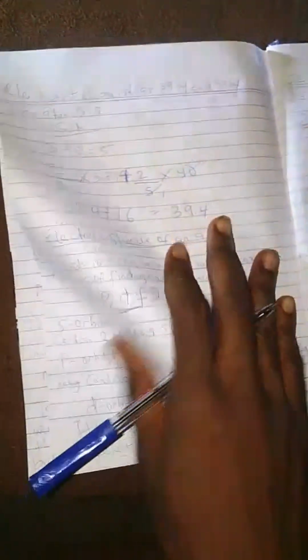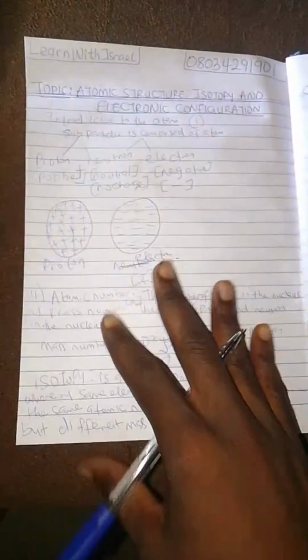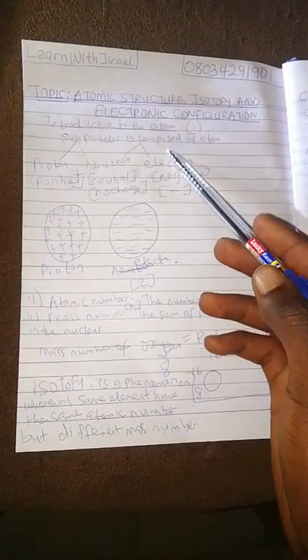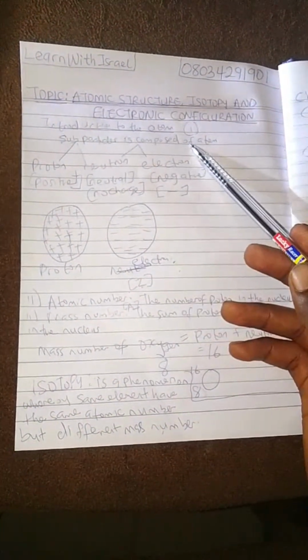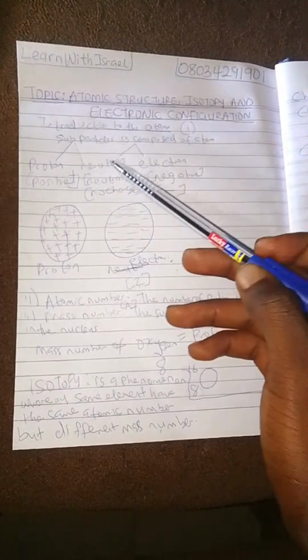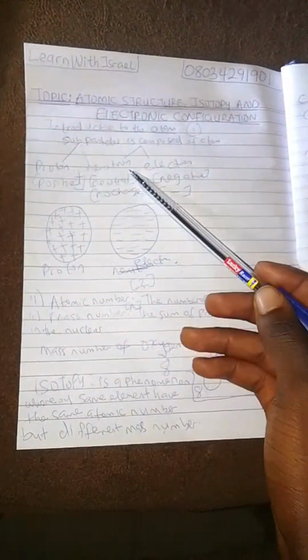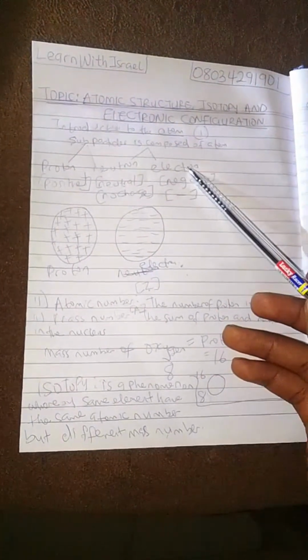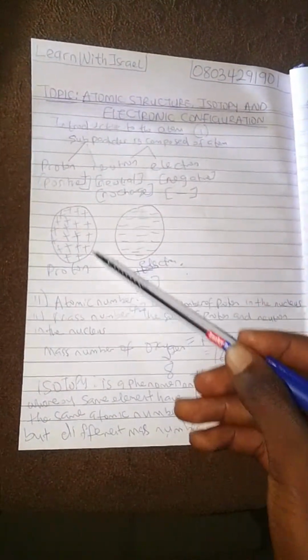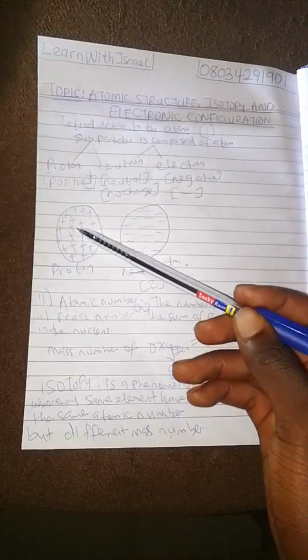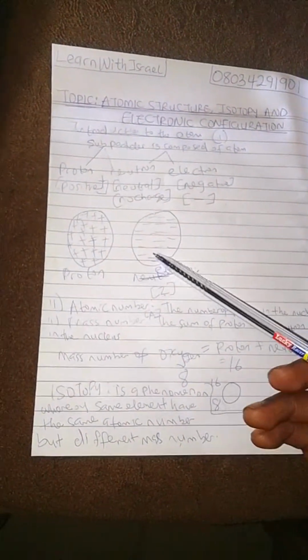So far we started from atomic structure, where I discussed the introduction to atom, stating that atom is composed of 3 subparticles, which include proton, neutron, and electron. And I explained proton using this diagram, that proton is positively charged while electron is negatively charged.